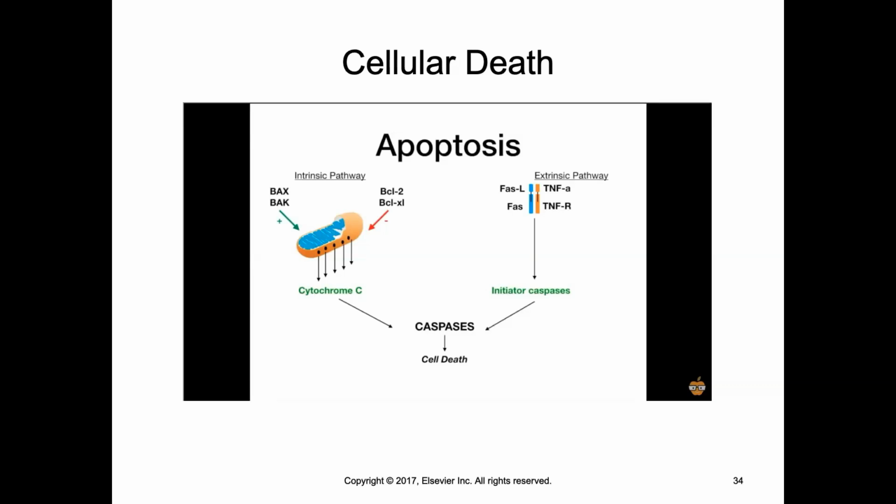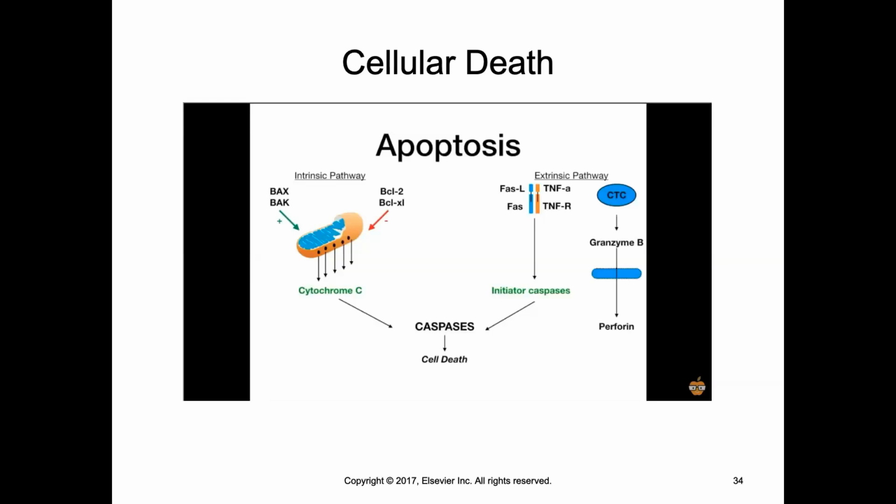Now, the tricky thing about the extrinsic pathway and why it's really kind of hard to memorize for USMLE and COMLEX is that there's actually two different ways that the extrinsic pathway can be activated. It can be through the Fas ligand TNF alpha binding, or it can be through the activity of a cytotoxic T cell. So if a cytotoxic T cell comes up and latches onto a membrane, it can release something called granzyme B. And granzyme B literally perforates a membrane and allows the release of something called perforin.